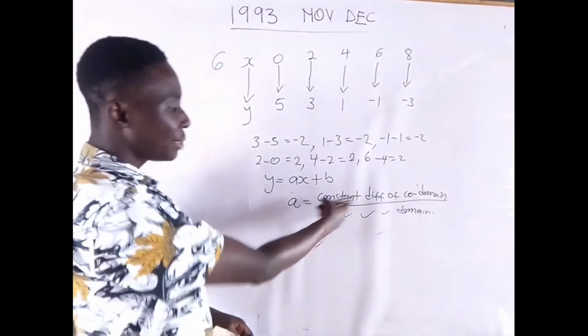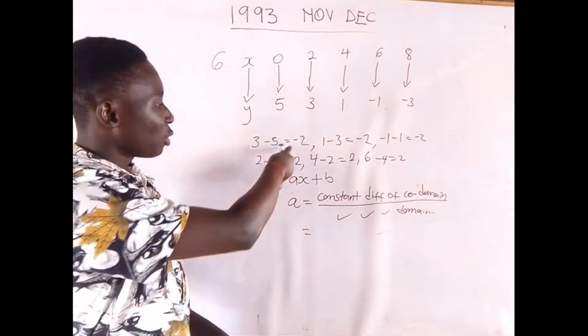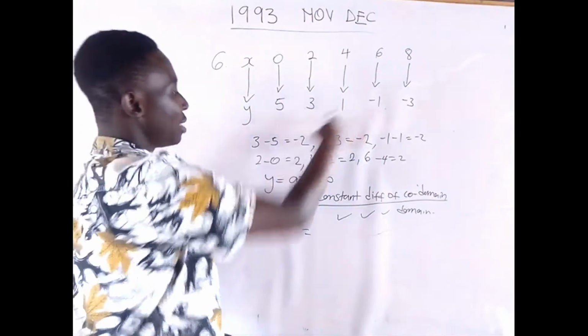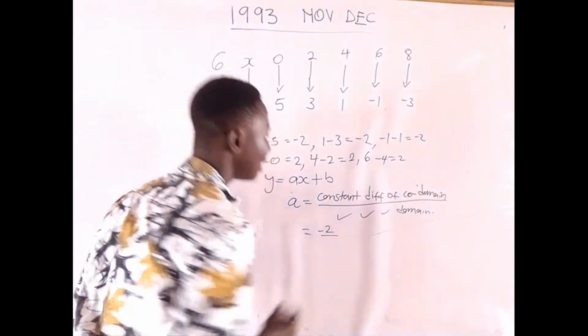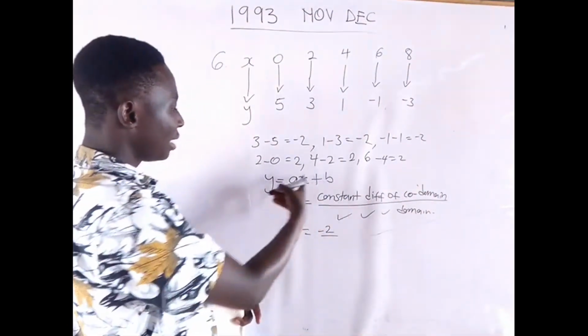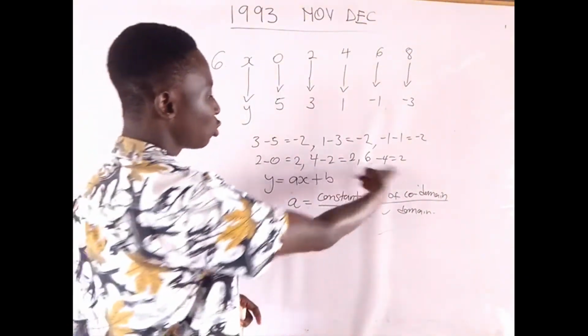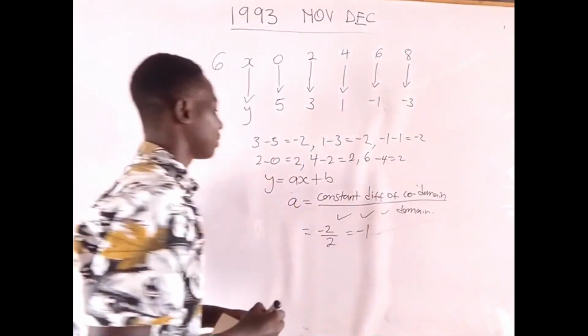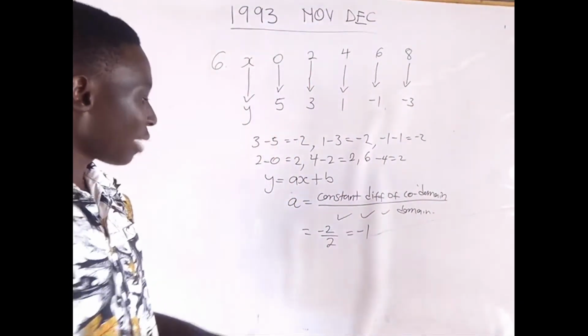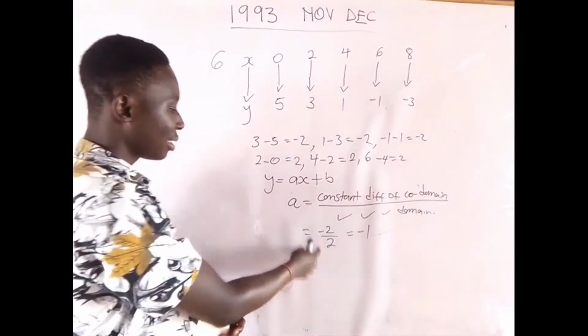So the constant difference of codomain is what we had over here, minus 2, minus 2, minus 2. So minus 2 over the domain's 2, 2, 2 that we had. So we're going to get minus 1. Now we've gotten negative 1 for a.